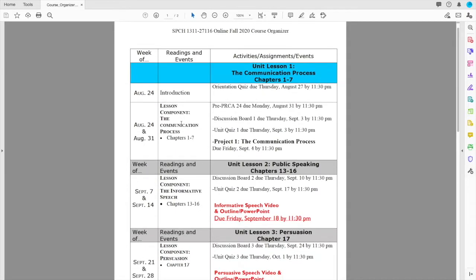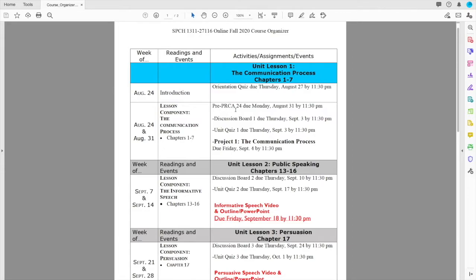Then, right here, the week of August 24th and August 31st, it tells you the first written project that you need to be working on, chapters 1 through 7. But you also have other assignments here that you need to be working on.